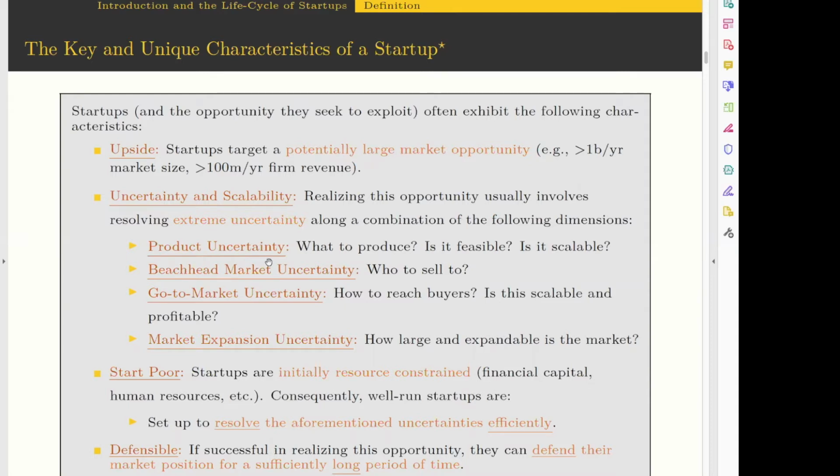Another defining feature that actually wasn't in the list I mentioned is that you start poor. Most startups don't start with a completely tappable pool of resources. They have to figure out a way to do things on the cheap because there's so much uncertainty. Not everyone is willing to give them resources, right? And so you need to figure out how to resolve all this uncertainty in a cost-efficient and timely manner.